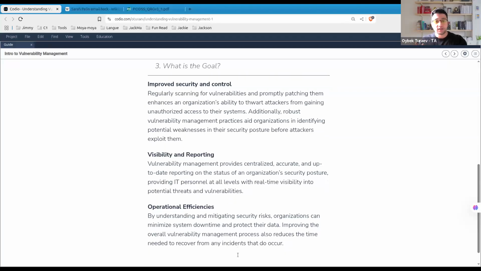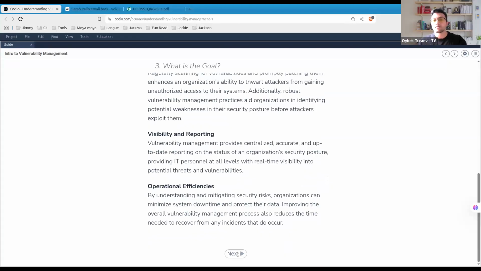Another thing, it gives visibility in the reporting. For higher-positioned managers and executives, it's important to see what's going on in the organization and what the security posture of the company is. To provide this sort of report, we run tests against our organization, and then we say, hey, look, we have these vulnerabilities.